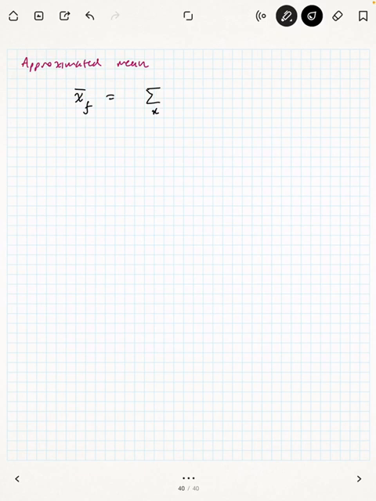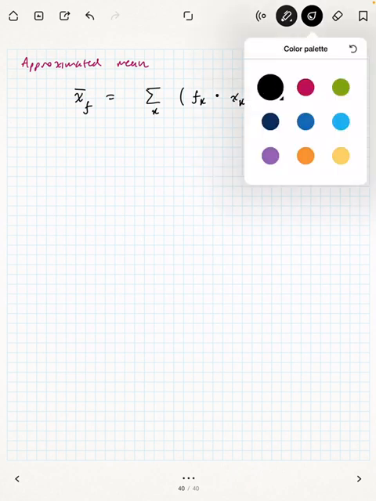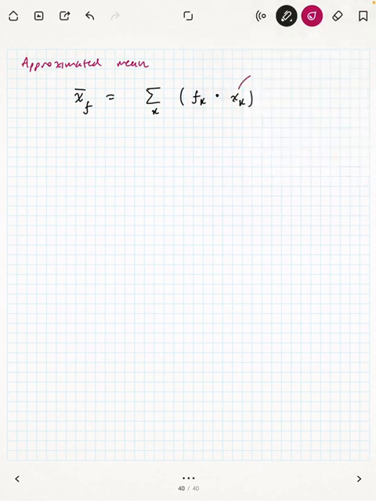So for each class, K is representing a class now, not the raw data itself. You're going to multiply the frequency of that class by the class midpoint. So really important, this is the class midpoint, and this is your frequency.